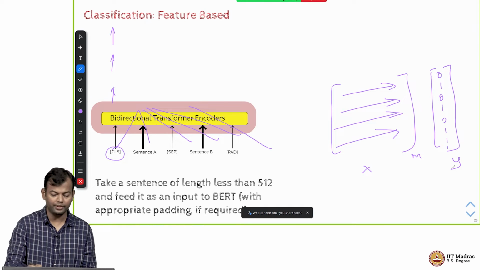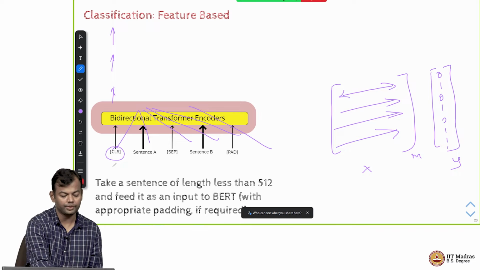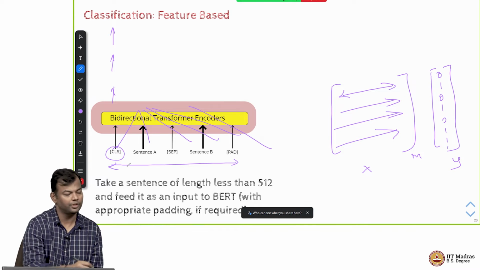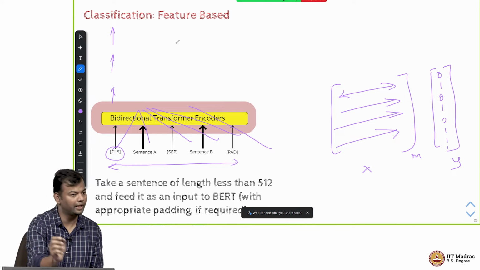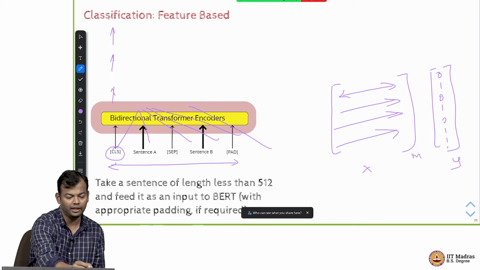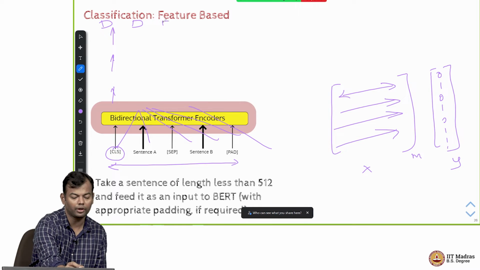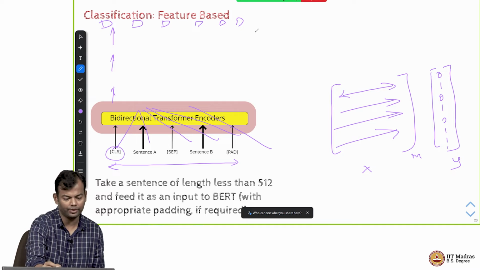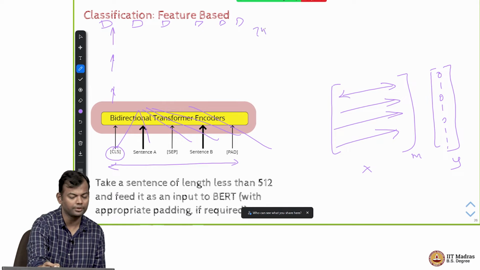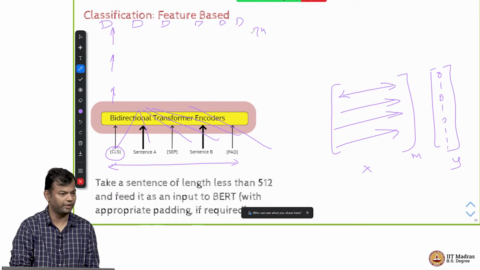So what we could do is take your input sequence and just pass it through the 12 layers of BERT. At the end it would give you a representation for every token. Suppose your review was 74 tokens, it will give you a representation for all the 74 tokens.